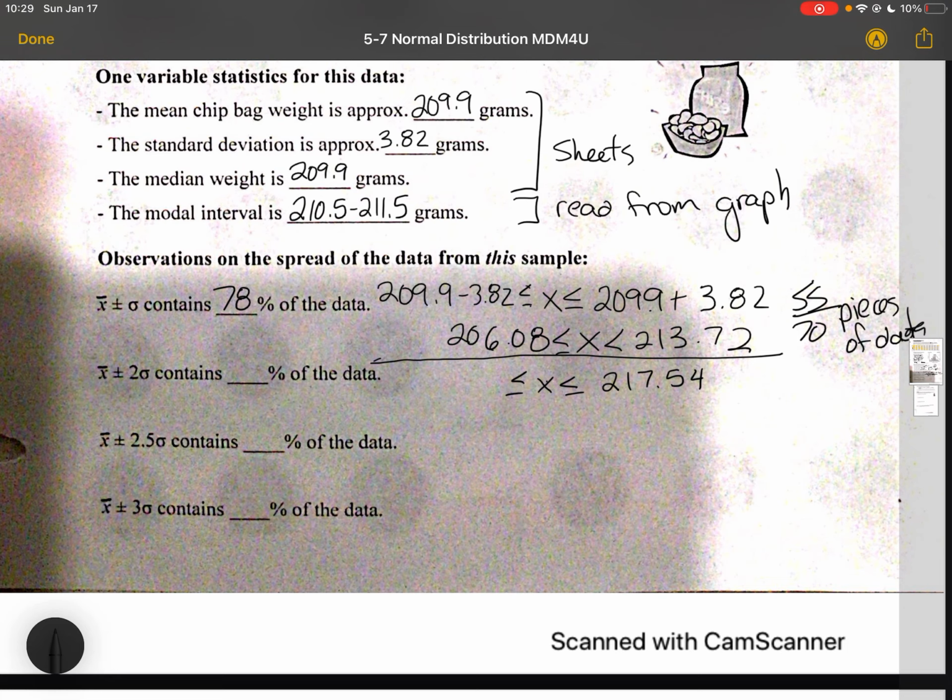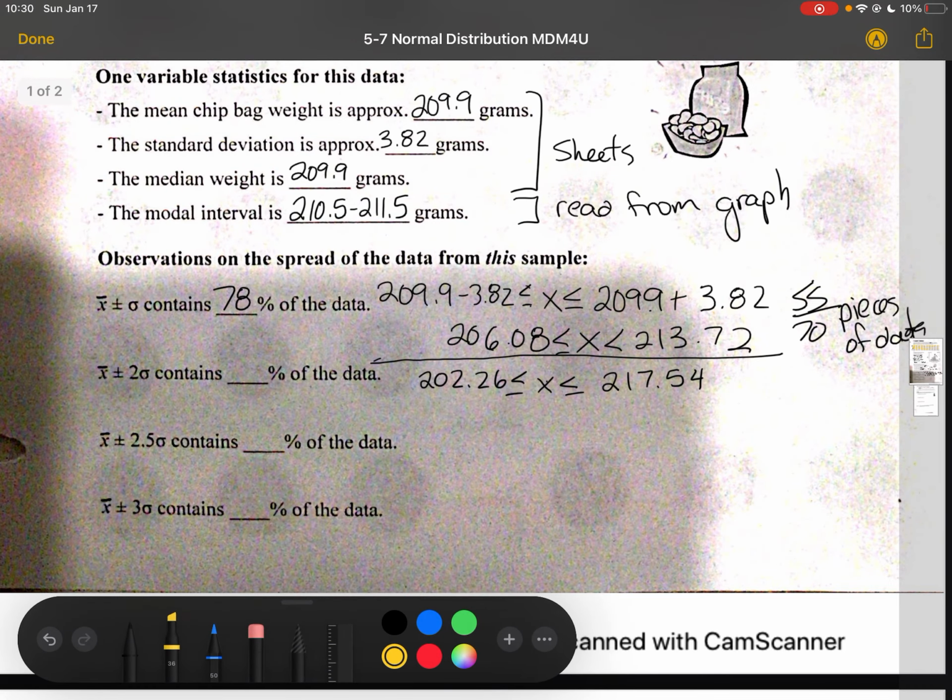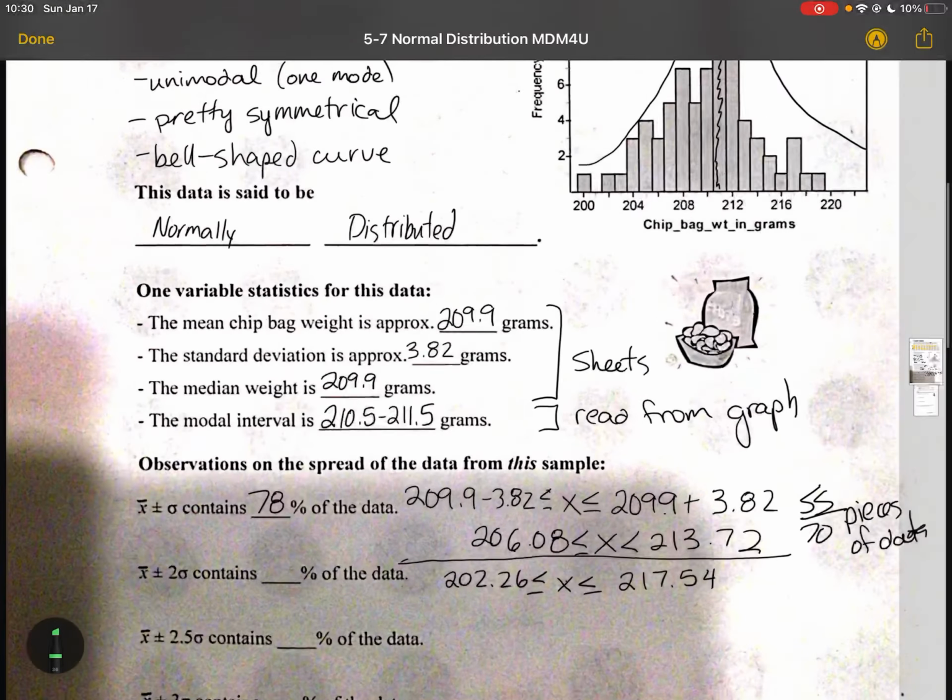And then on the left-hand side, I'm going to take away 2 sigma. So 209.9 take away 2 times 3.82 gives me a lower value of 202.26. Okay, so let's go back up. I'm going to highlight in a different color this time.